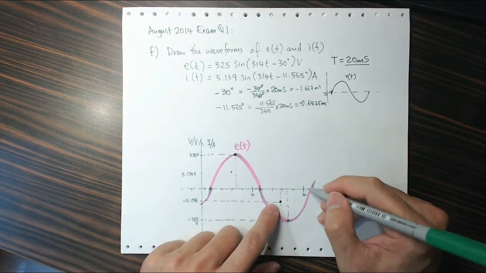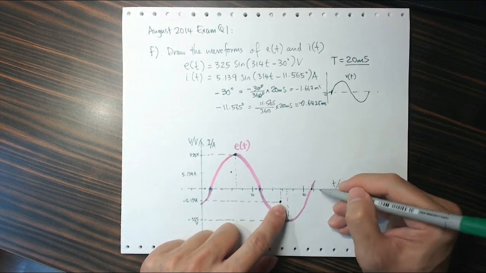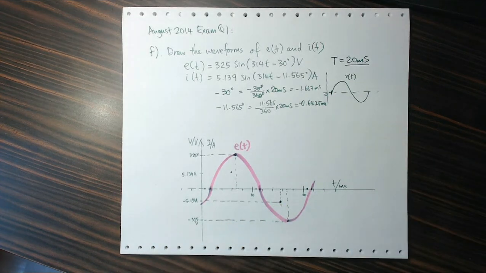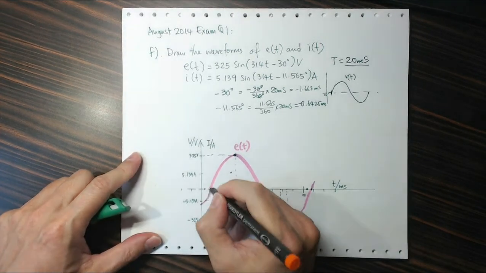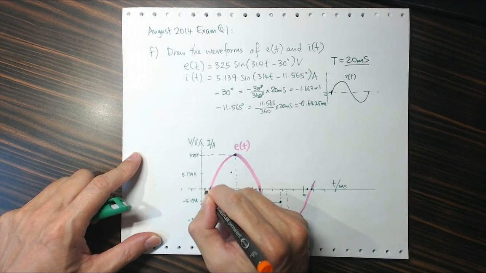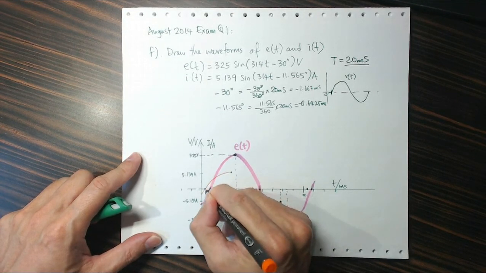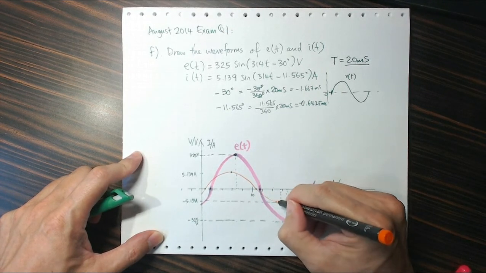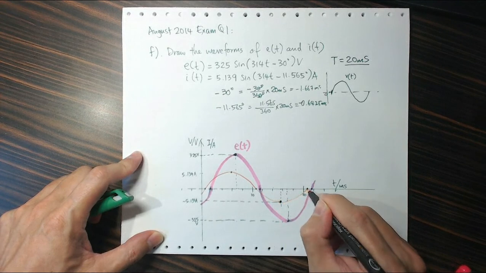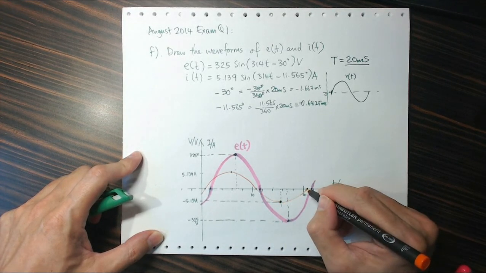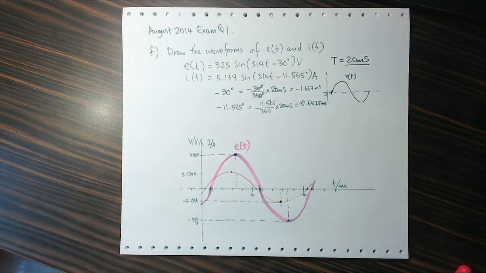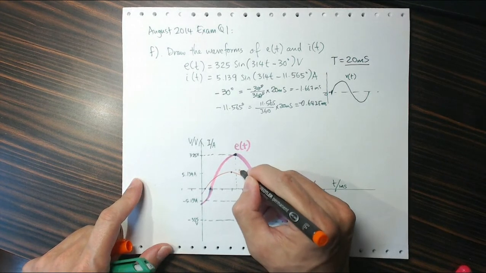And finally it crosses back again, ahead of this point, so it's about here. If I were to draw the current waveform, it will look something like this. Comes down from here, goes underneath, comes out here again. So it rises something like that. So this is IT.